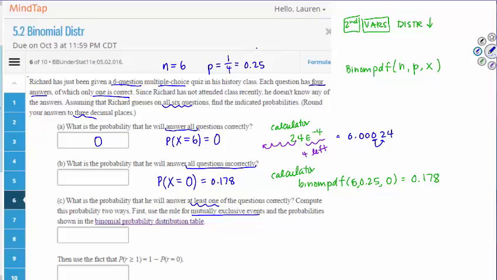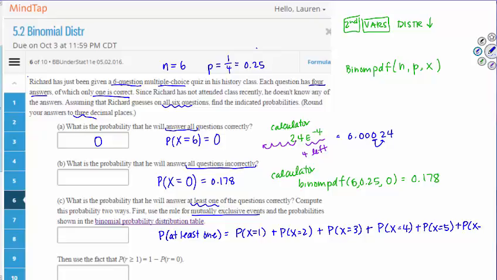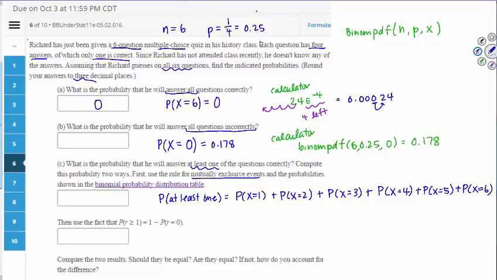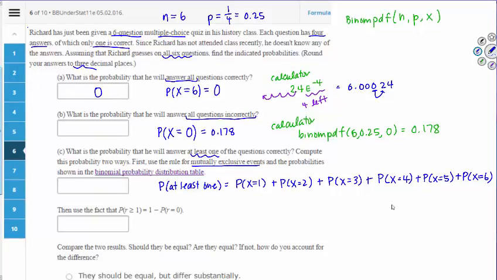So what that means is the probability of at least 1 correct is the probability that he gets 1 correct, plus the probability of 2 correct, plus the probability of 3 correct, plus the probability of 4 correct, plus the probability of 5, and lastly the probability of all 6. That's what's meant by the probability of at least 1 being correct. Now we can read these values right from the table.